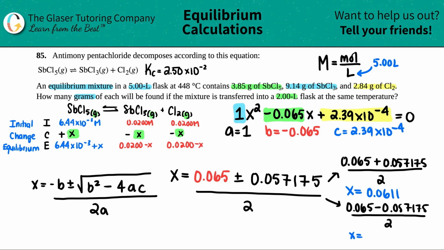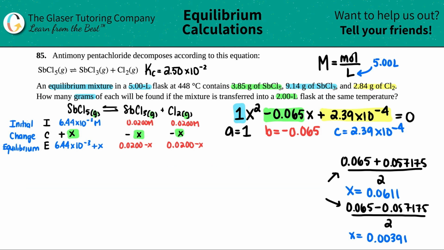So I'll do 0.0611, and then let's do the other one. 0.065 minus 0.057175 divided by 2, and I get 0.00391. Okay, so pause the video because I'm going to get rid of all this. Basically, we had to do all of that mess to get my 2 x values. So just pause the video if you need to.